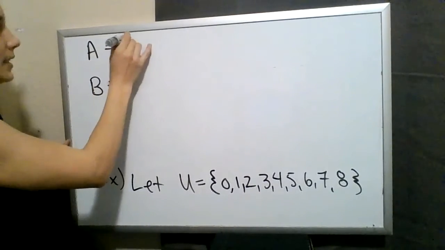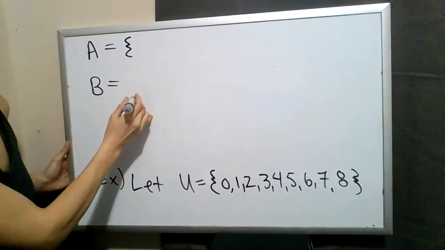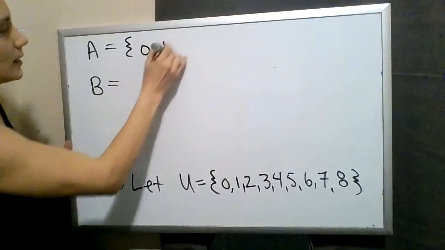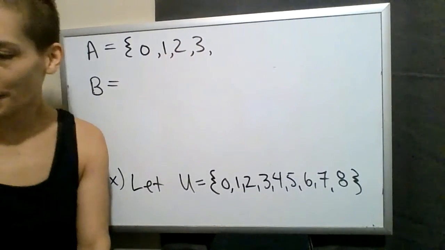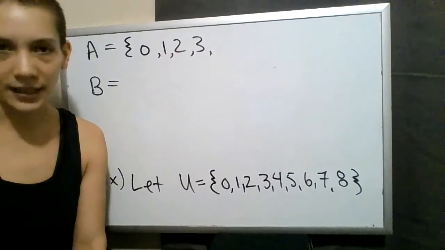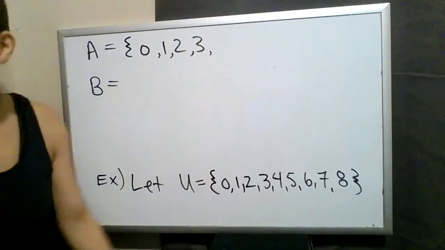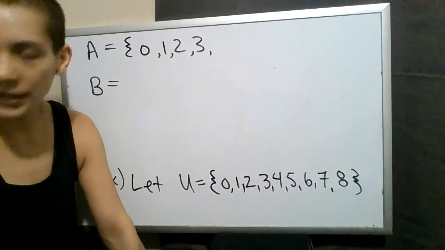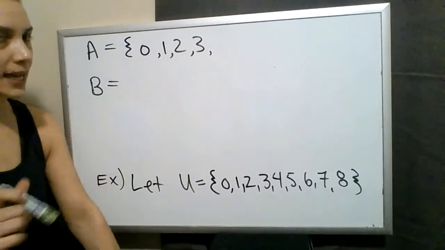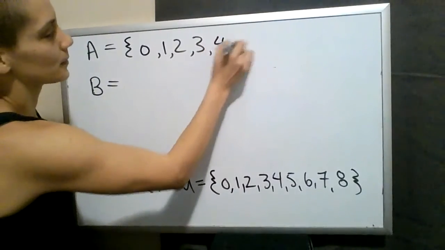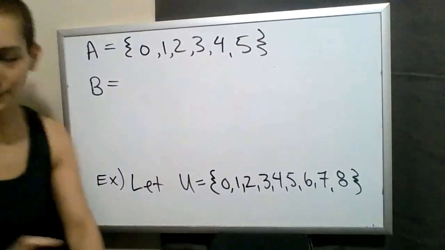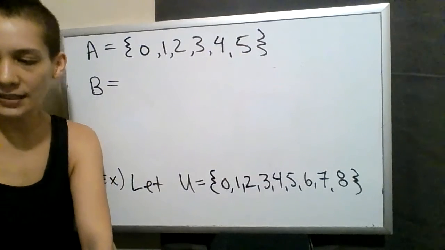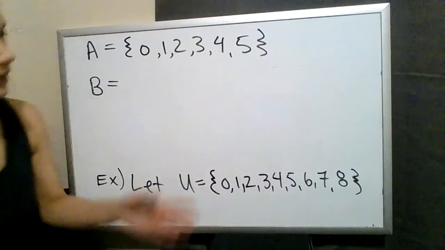Oh, wait, no, that was the whole universe. 0, 1, 2, 3, 4, 5 is in set A, and closed. B contains 0, 2, 4, 6, 8, even numbers.